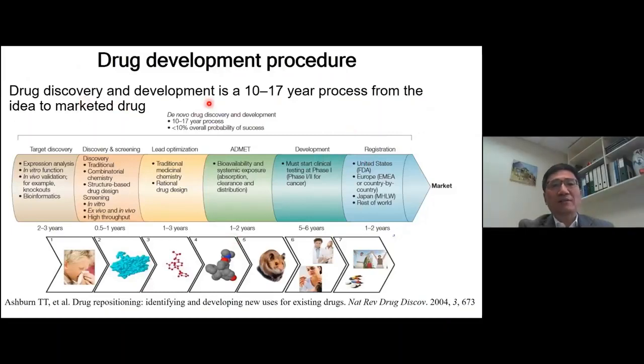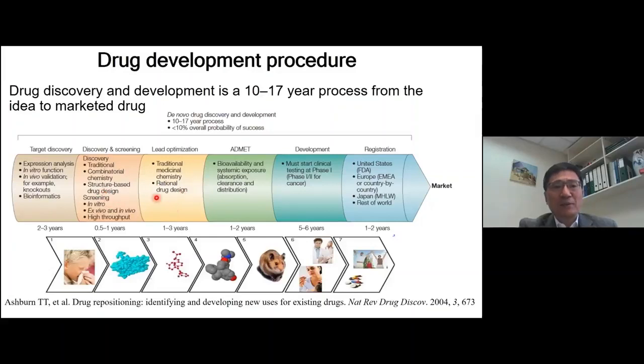Drug discovery and development normally takes around 10 years, from the idea to the market drug. You need to find the proper target, and then we can screen. After that, how do we optimize?